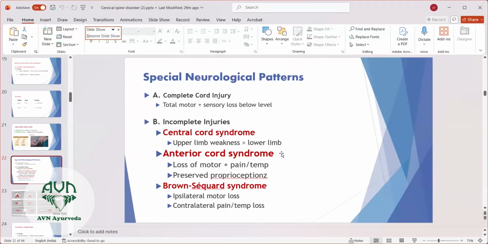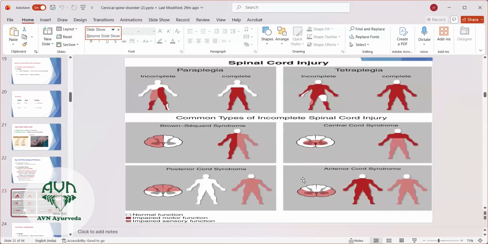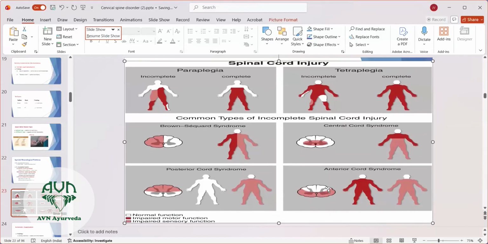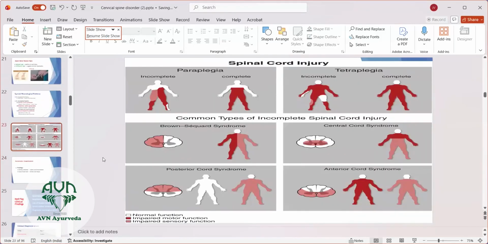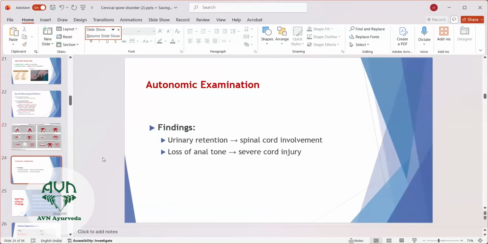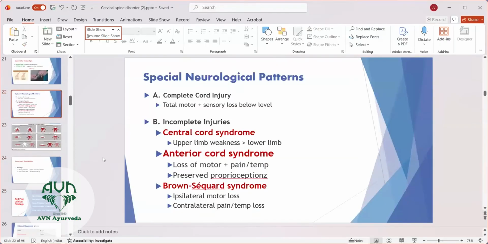If it is an anterior cord syndrome, here you can see the anterior cord syndrome. There is loss of motor as well as sensations like pain and temperature.